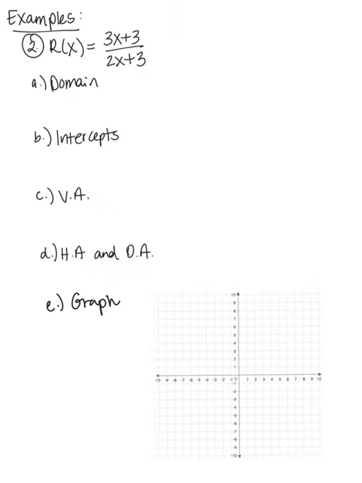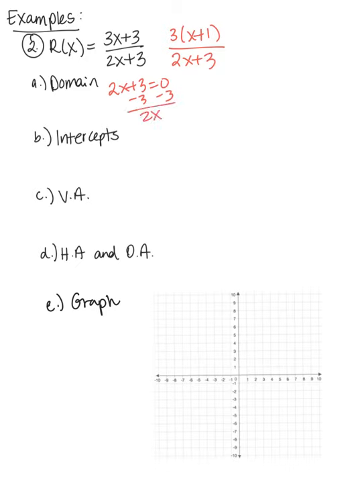Okay, so let's look at another example here. The only thing I can really factor here is with a GCF, and it's not really doing much for me. But I've at least attempted to factor. Some of them won't even factor at all, and that's perfectly fine. So my domain is going to take that denominator, set it equal to 0, and solve it.